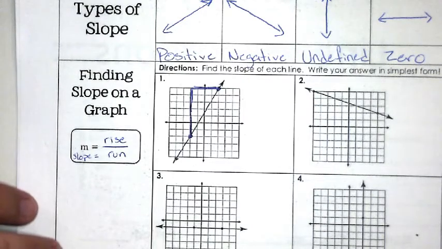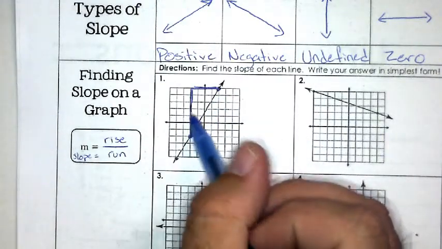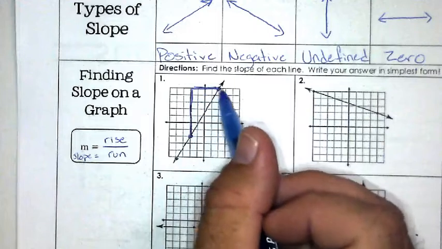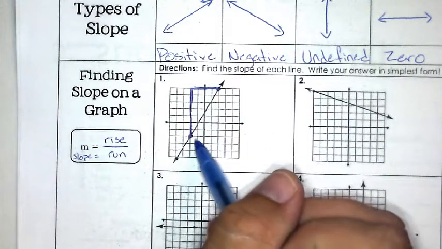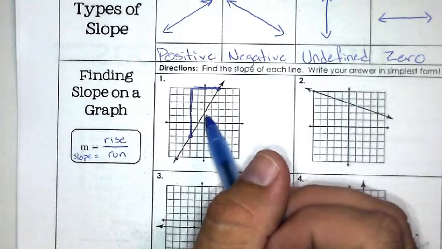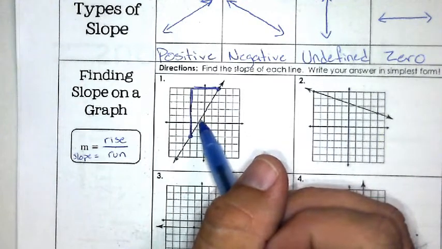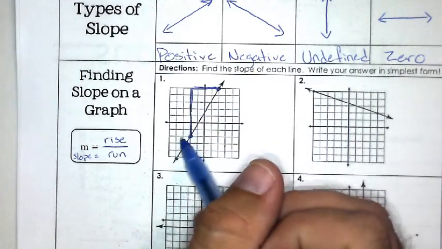So when I do the rise over the run, I'm trying to connect the 2 points that have been chosen and creating a perfect right triangle using those 2 points and using the slope of the line as my hypotenuse. If y'all remember that word, the hypotenuse, okay? And these are my legs.